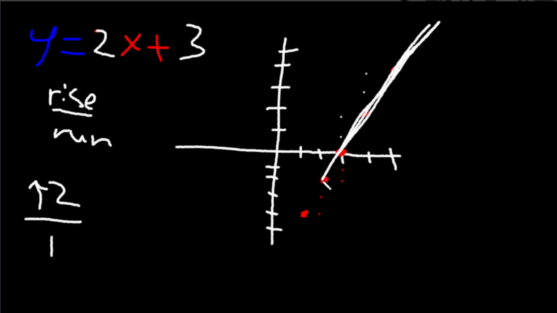So when you graph y equals 2x plus 3, the graph should look something like this. But this isn't drawn to scale, so my graph isn't perfect.